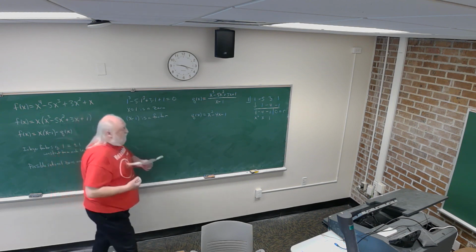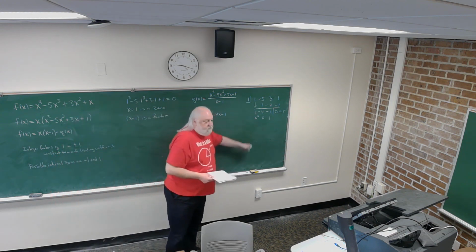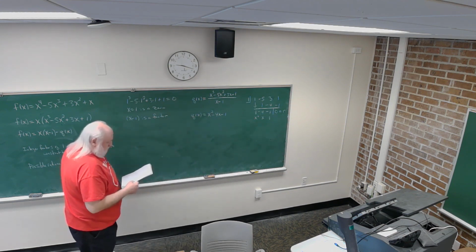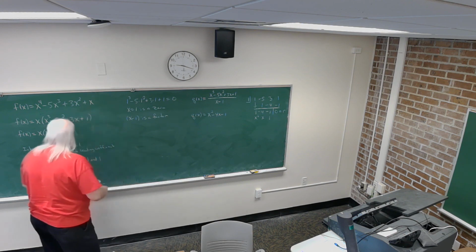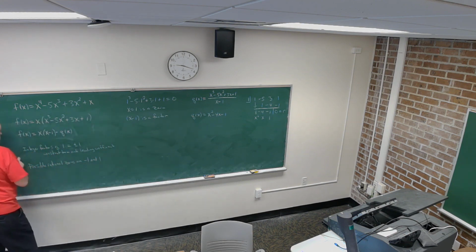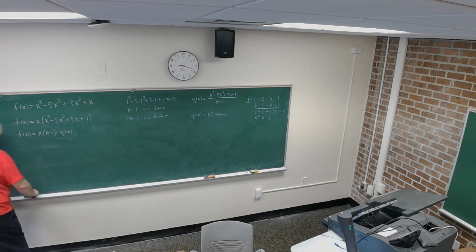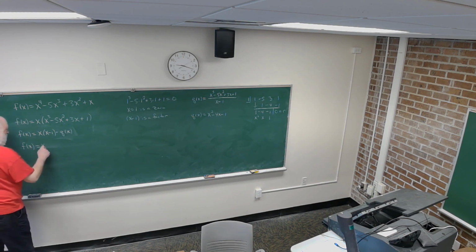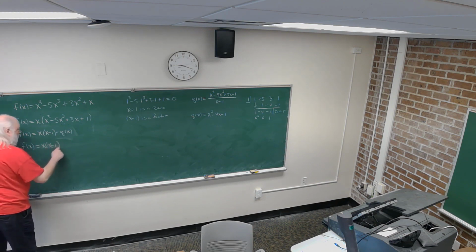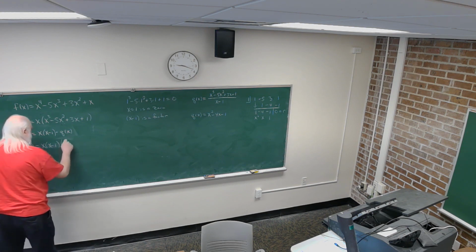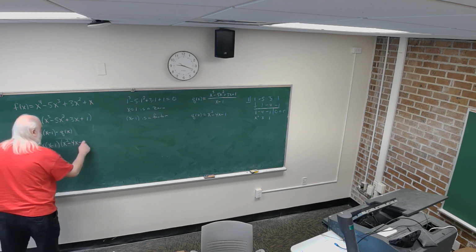You multiply each coefficient by its x term. So over here, we can now fill in for q of x. Q of x is equal to x squared minus 4x minus 1.